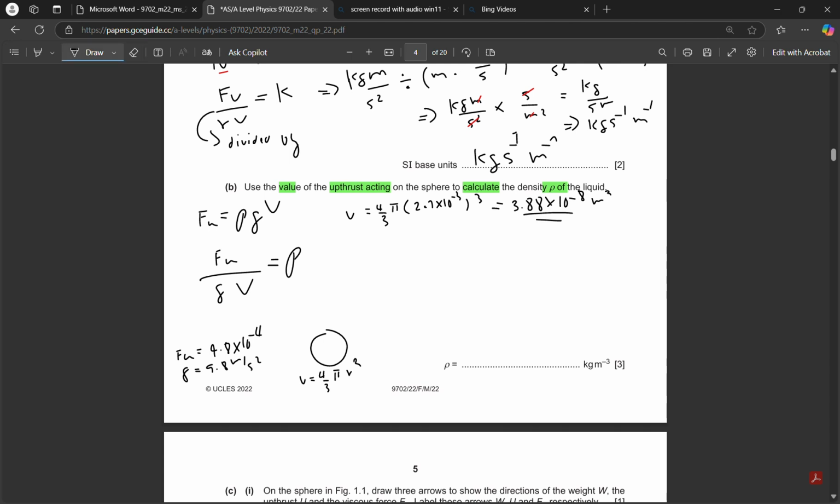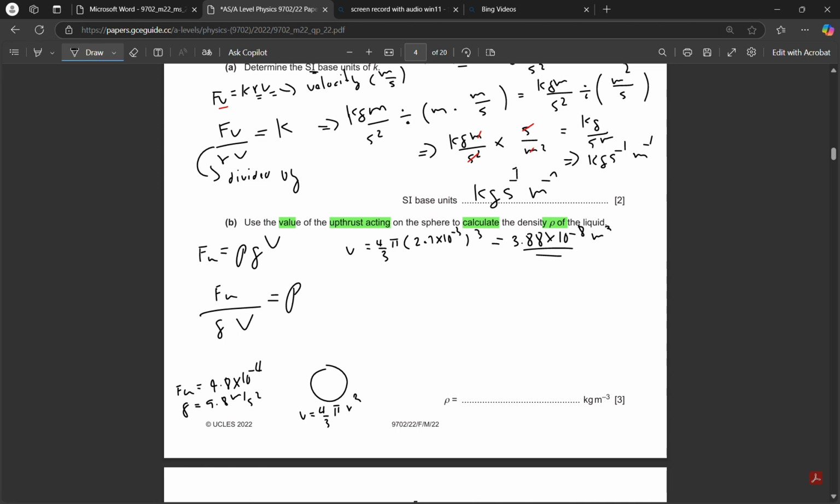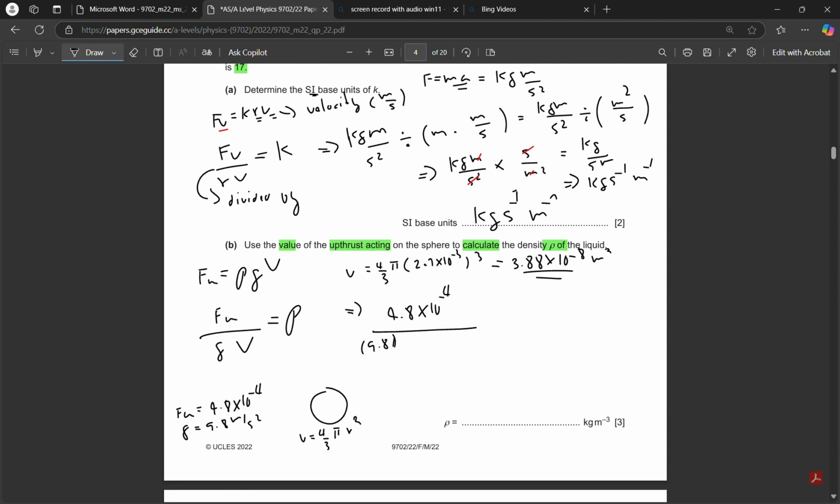Okay, so we have everything that we need. Just plug in our values. 4.8 times 10 to the power negative 4 divided by 9.81 multiplied by 3.88 times 10 to the power negative 8.